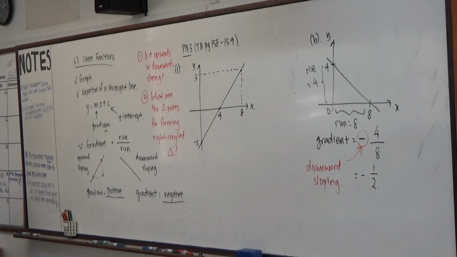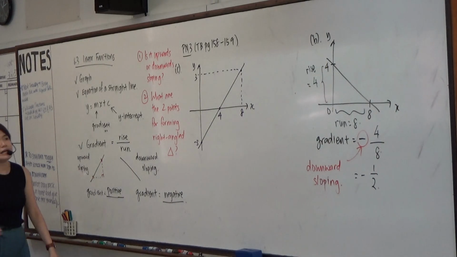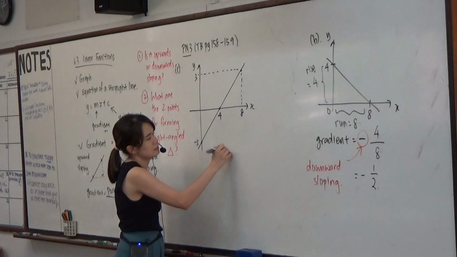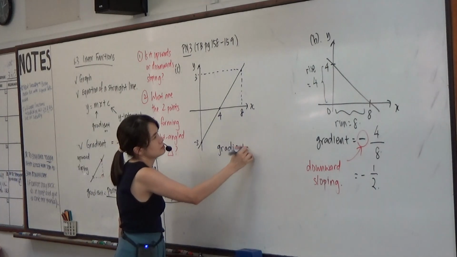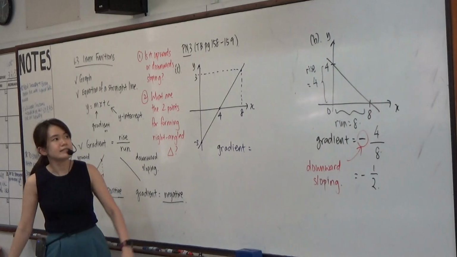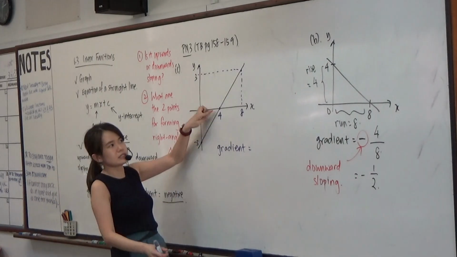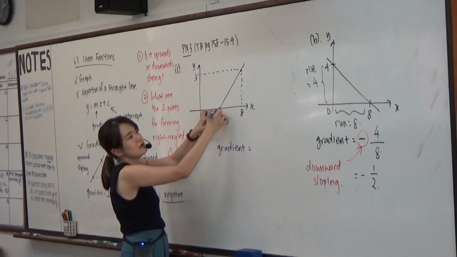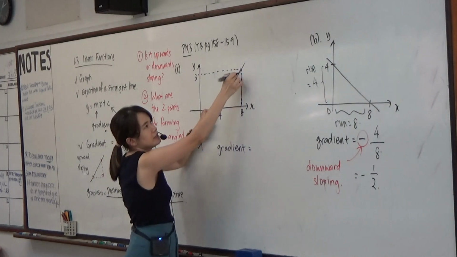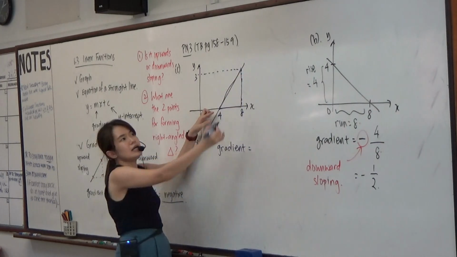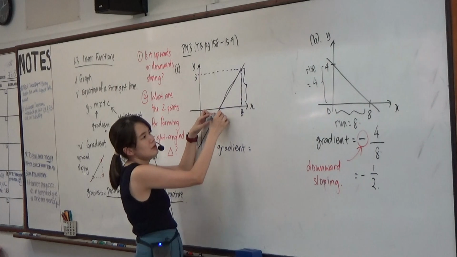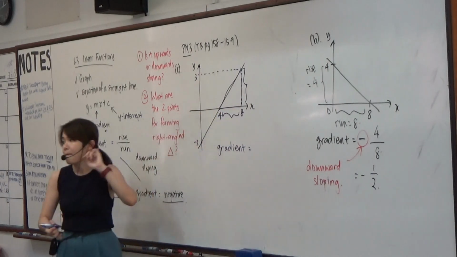Okay. So now, to find out what is the gradient, let's say if I choose this point and this point, then my right angle triangle is this one here. Okay, and my rise will be here, my run will be this.